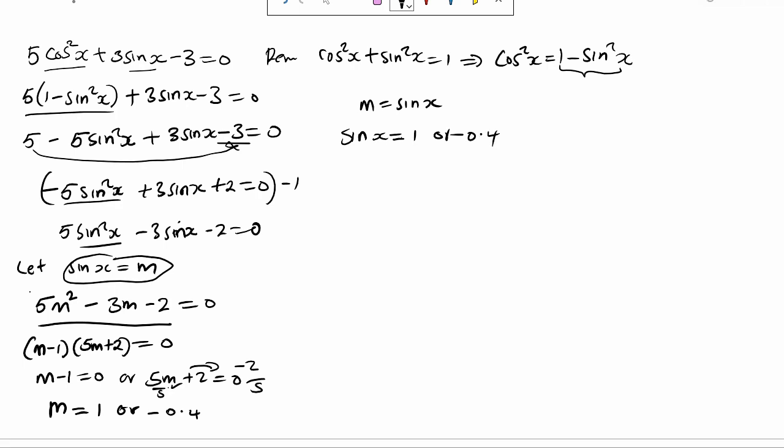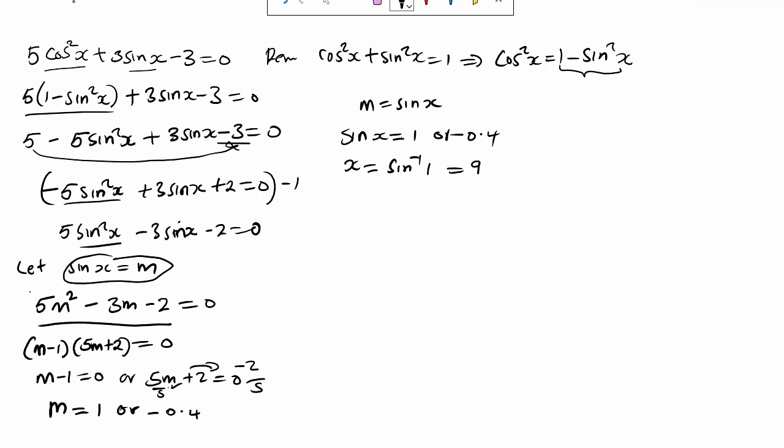All right, from here we can now get the value of x. If sin x is 1, then it means our x is sine inverse of 1, and sine inverse of 1 is always 90 degrees.